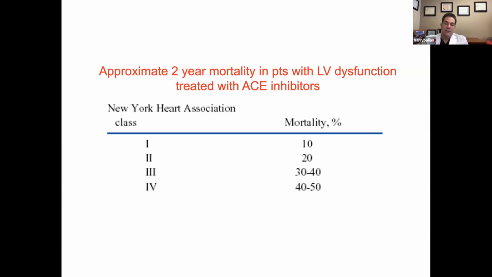Understandably, class 4 is the worst. Their mortality is highest if they have class 4 heart failure, and class 1 is the least, and mortality is the least in patients that have NYHA class 1. So we have to pay very close attention to patients that are in NYHA class 3 and 4, because those are usually the sickest.